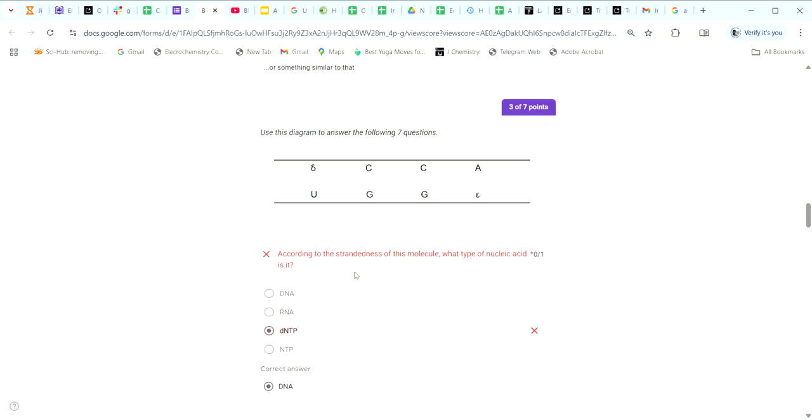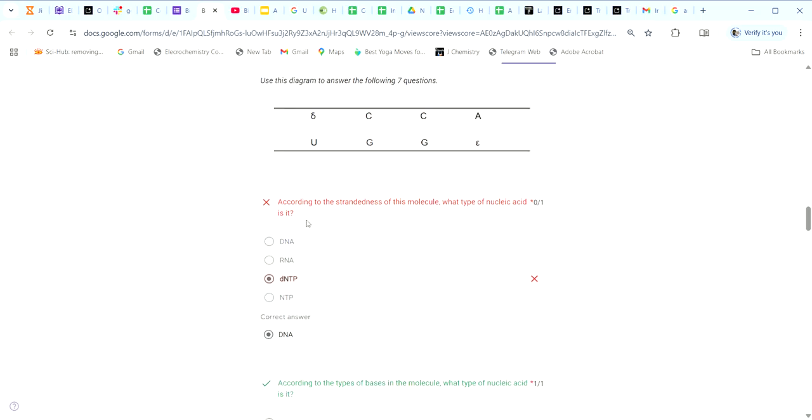So using this diagram, according to the strandedness, what type of nucleic acid? That will be DNA.